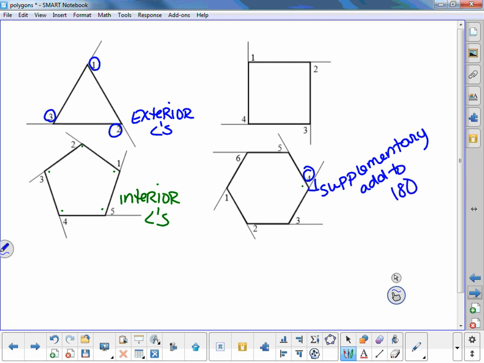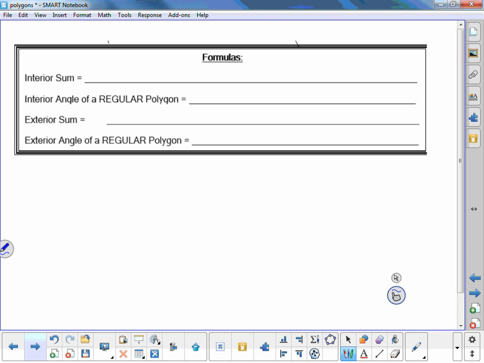Right? Now, I'm going to give you the formula, but I don't want you to memorize them because I'm going to show you an easier way to memorize these without actually knowing the formula. If I wanted to find the sum of every interior angle in the polygon, the formula is the following. N minus 2 times 180.